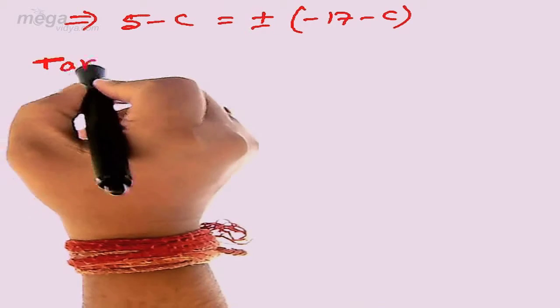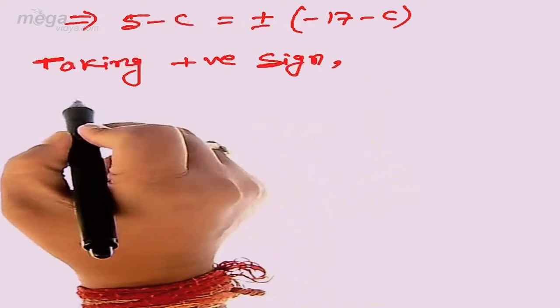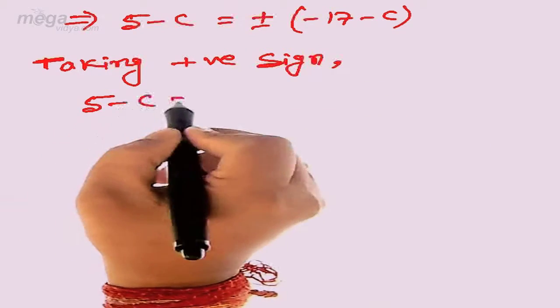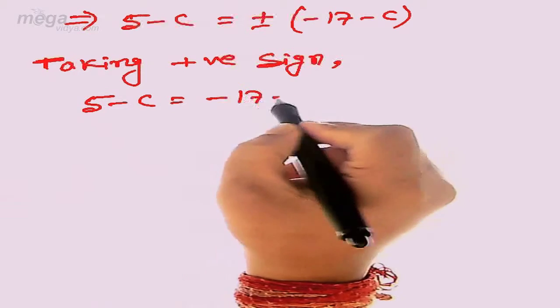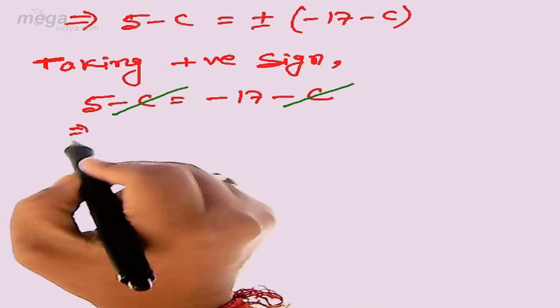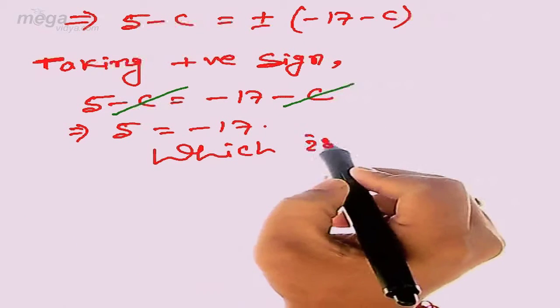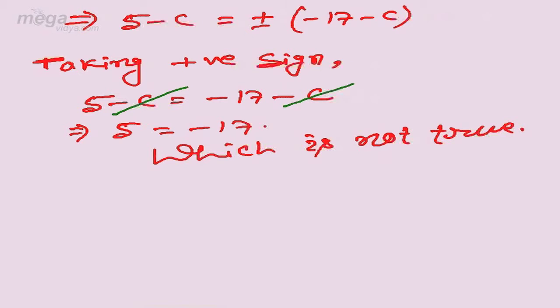Taking the positive sign, we get 5 minus c is equal to minus 17 minus c, and the minus c gets cancelled, and you get 5 is equal to minus 17, which is not true.